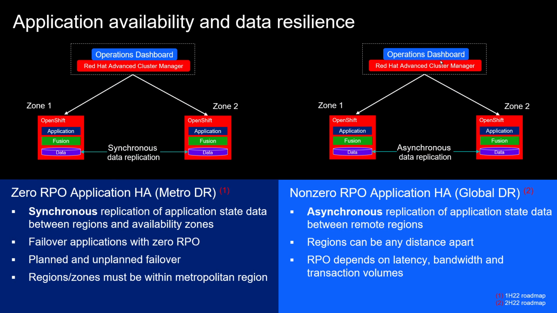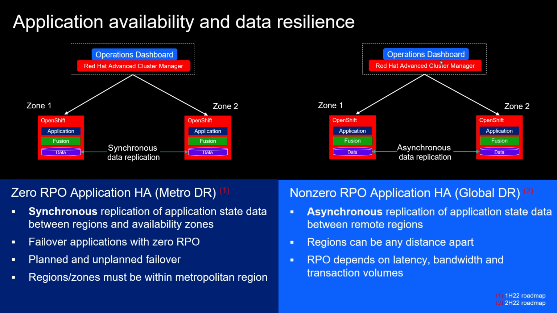A third benefit is by using Spectrum Fusion to manage your data, you can have synchronous replication between multiple instances of Spectrum Fusion, so that your RPO is 0, because whenever a write is done into, let's say, zone 1, that write is also done to zone 2.